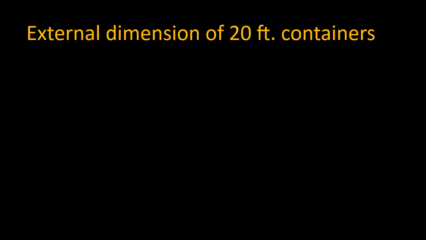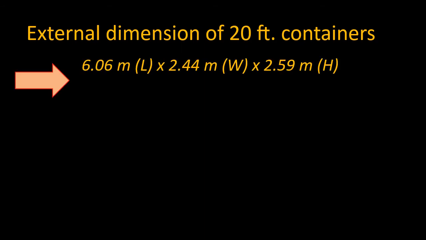The measurement of the external area for a 20-footer is 6.06 meters in length times 2.44 meters in width times 2.59 meters in height. As this measurement is in meters, now I would like to convert it to feet.